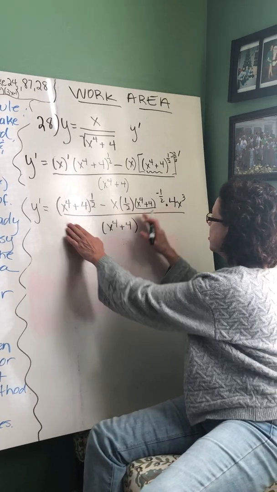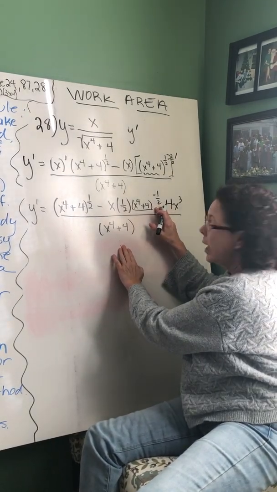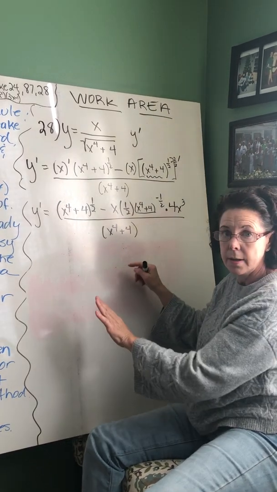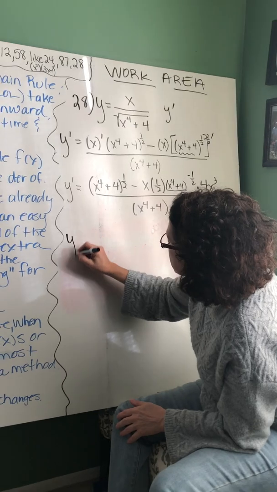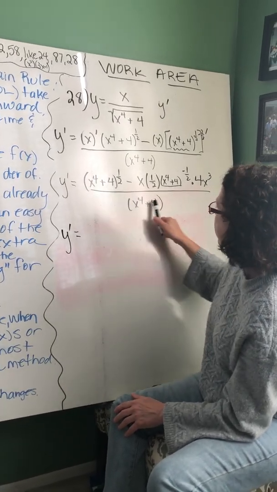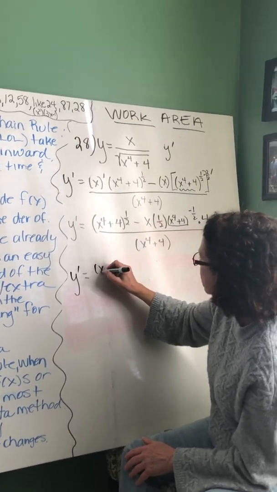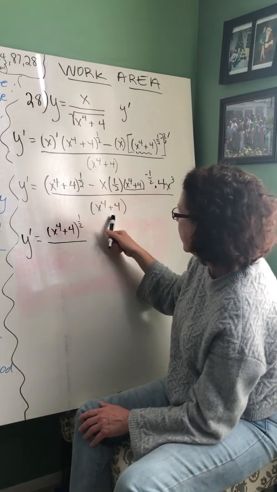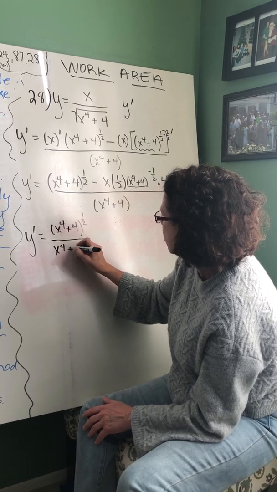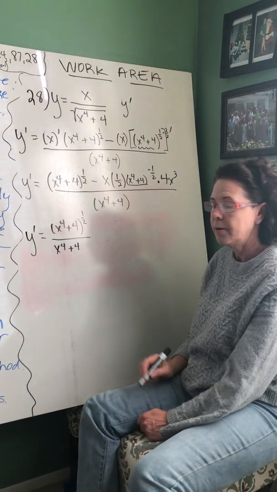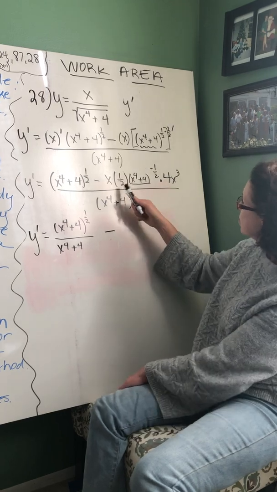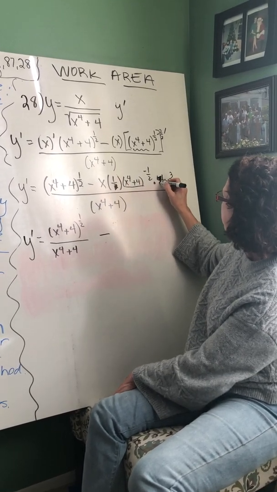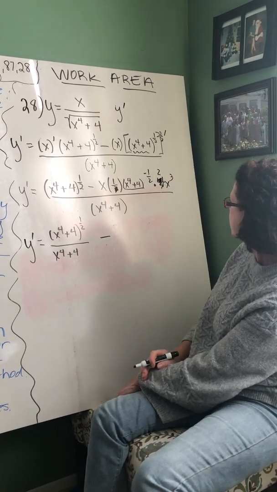I'm going to split up these two fractions here and place anything that's supposed to be in the denominator where it belongs. Okay? Here's my first fraction right here. I have x to the 4th plus 4 to the 1/2 in the numerator and x to the 4th plus 4 in the denominator minus, I have a little bit of work I can do here. First of all, notice this 2 cancels out the 4 and leaves a 2.